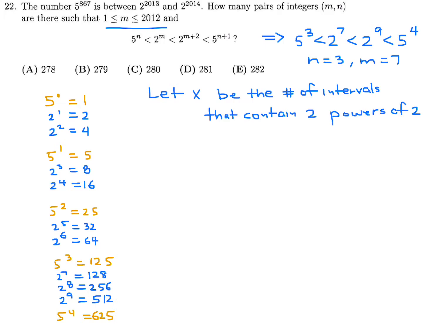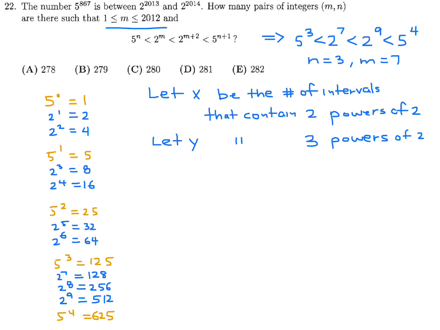So for example, here's one such interval. Here's another such interval. Here's another such interval. Those are the number of intervals that contain 2 powers of 2. Now let y be the number of intervals that contain 3 powers of 2. So same thing, but this time 3 powers of 2. And there's one such interval right here.